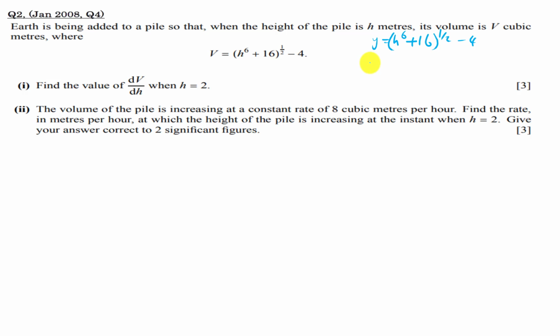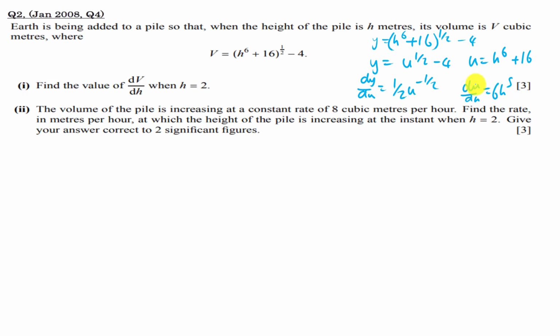We're going to let y equals u to the half minus 4, and u is going to equal h to the 6 plus 16. So dy du equals a half u to the minus a half, and du dh equals 6h to the power 5.